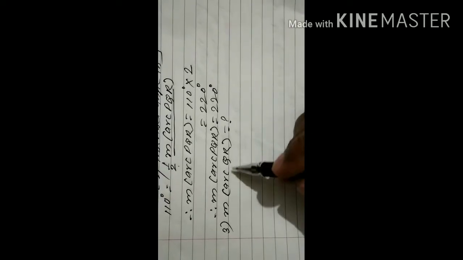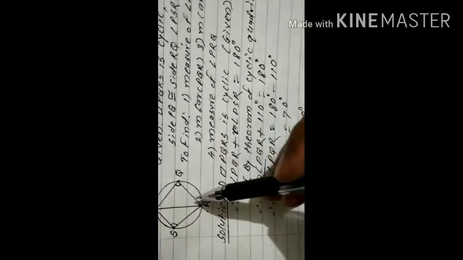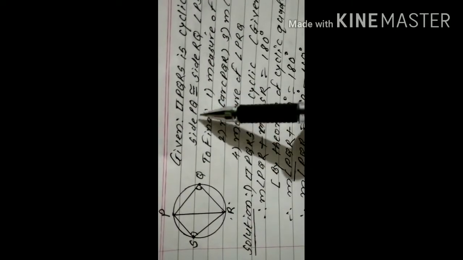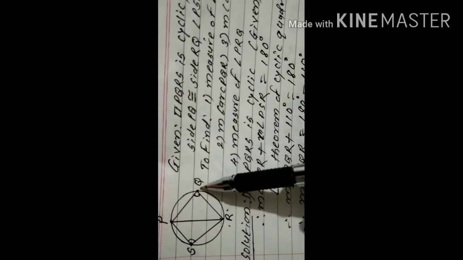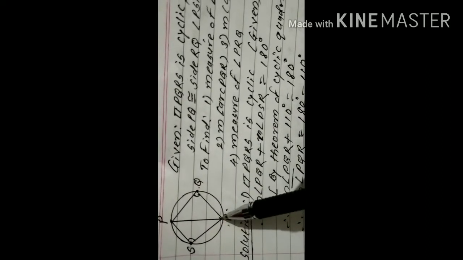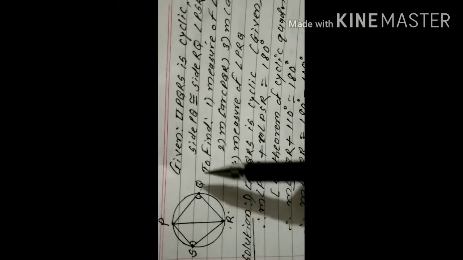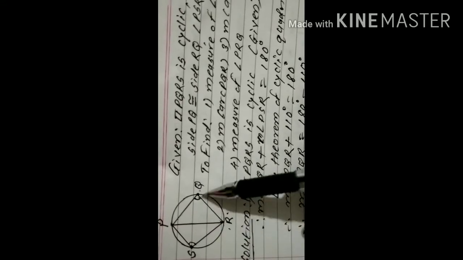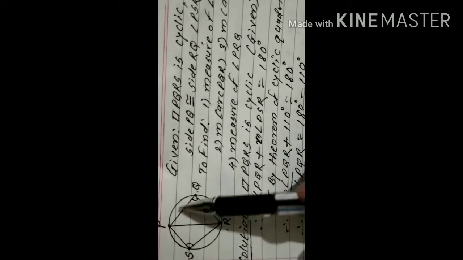Third, measure of arc QR. In the figure, side PQ congruent to side RQ is given, means PQ and QR are congruent chords. Hence, I write chord PQ congruent to chord QR, given.